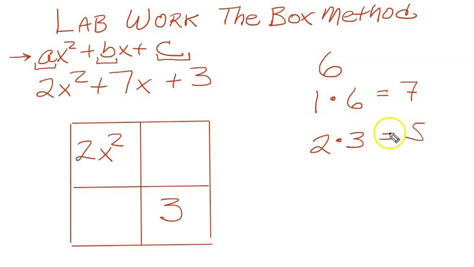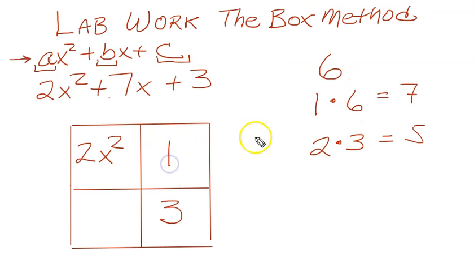If this were a 5, then that might be an alternative, but it's a 7. So we're going to put a 1 there and put the 6 here. So now these would add up to a 7. And keep in mind this is an x here and an x there.